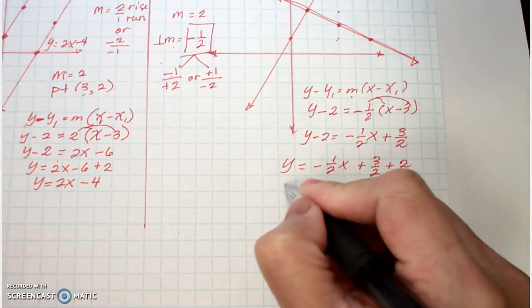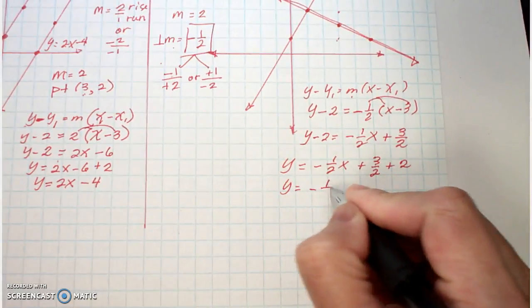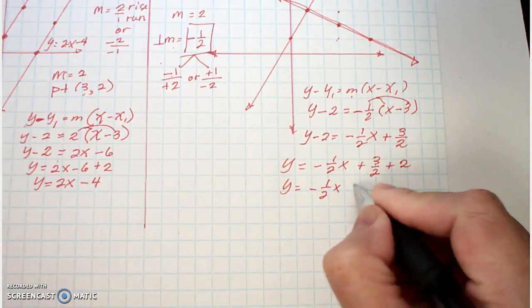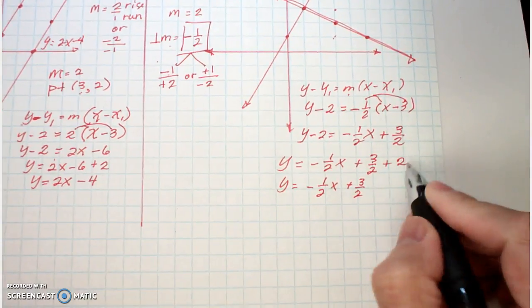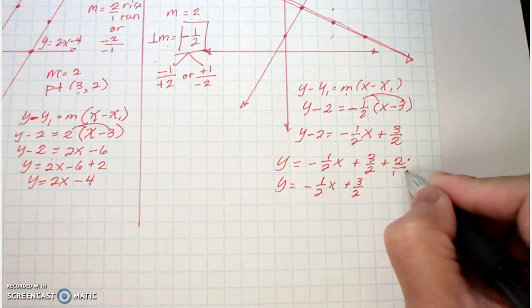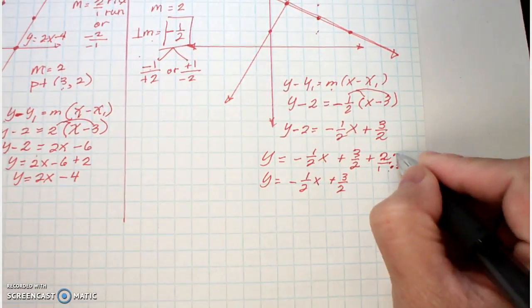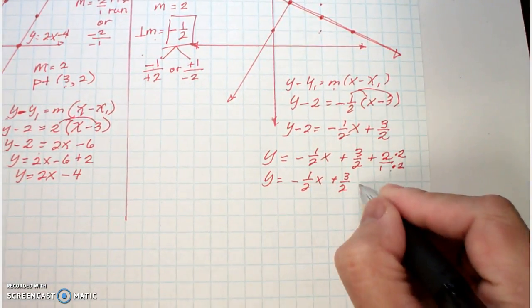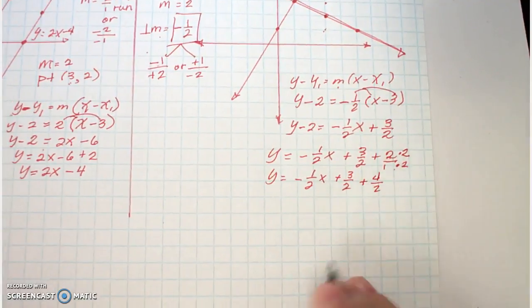Of course, for us to be able to add this 2 up, we will have to multiply this by 2. Whatever you do below, you do on top. So that is going to be a plus 4 over 2.